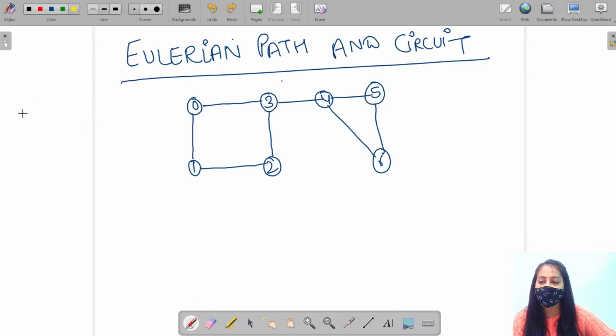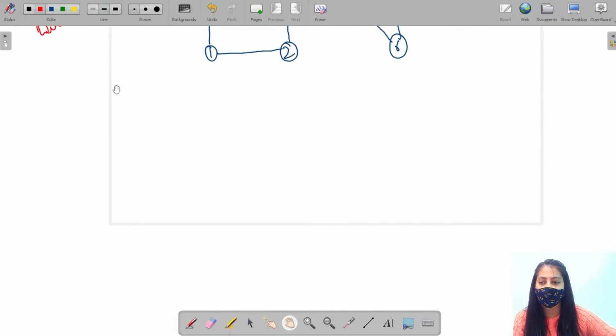Now we can further categorize its study into directed and undirected graphs, right? So firstly, let's study the undirected graph: how we can detect whether an Eulerian circuit or Eulerian path is possible in that undirected graph or not.